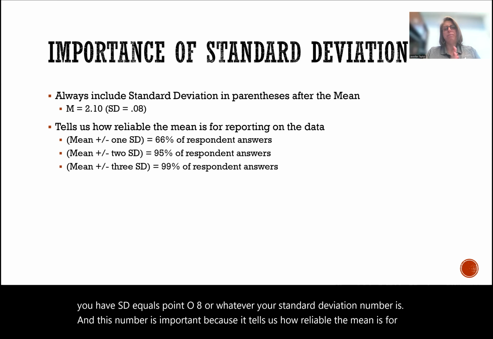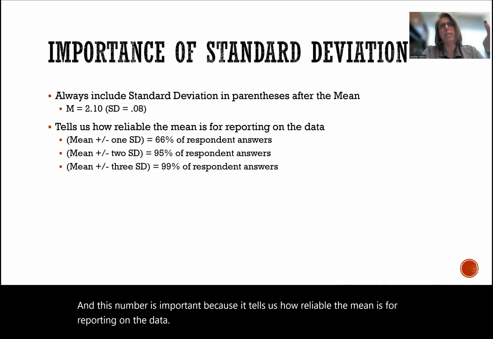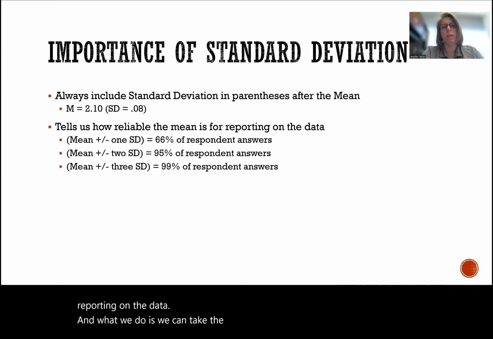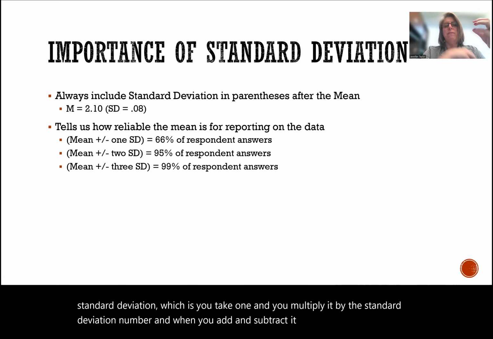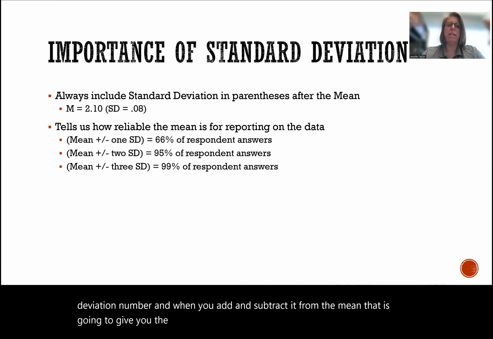And what we do is we can take the mean and we can add and subtract one standard deviation, which is you take one and you multiply it by the standard deviation number. And when you add and subtract it from the mean, that is going to give you the range of respondent answers that covers 66% of all respondents.